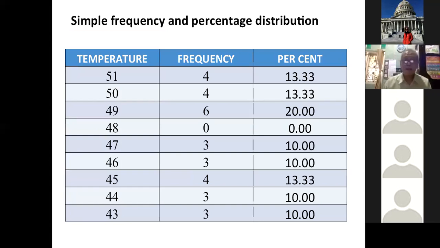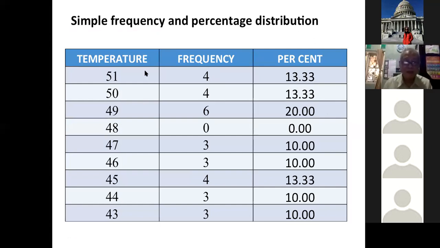So the 51 occurs 4 times, and we put it into percentage: 4 divided by 30, because n is 30, times 100, and we have 13.33%, and 50 is also the same. So here is the simple frequency and simple percentage. It looks nice when you have tabulated the data.